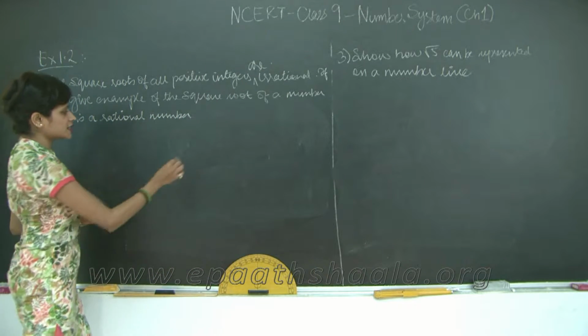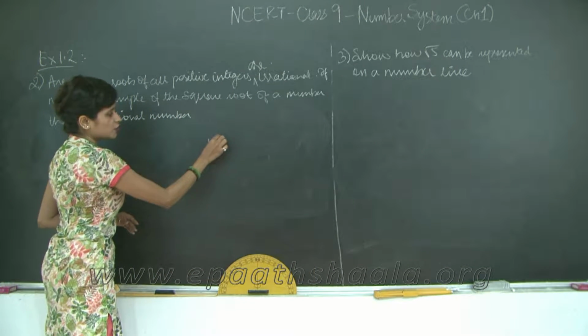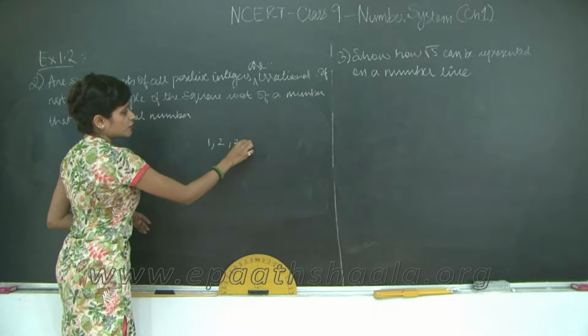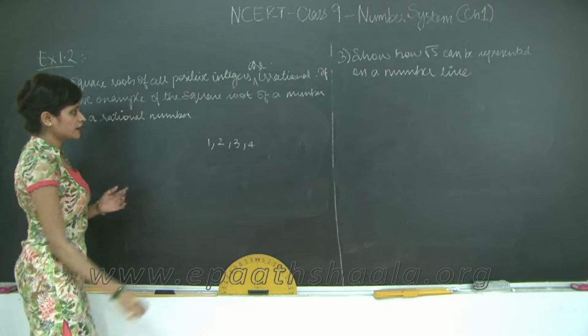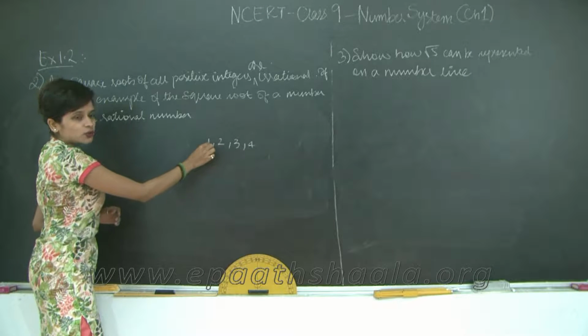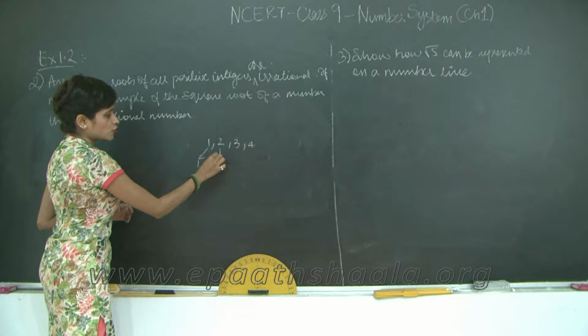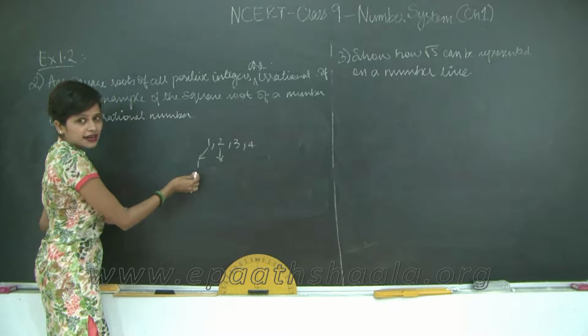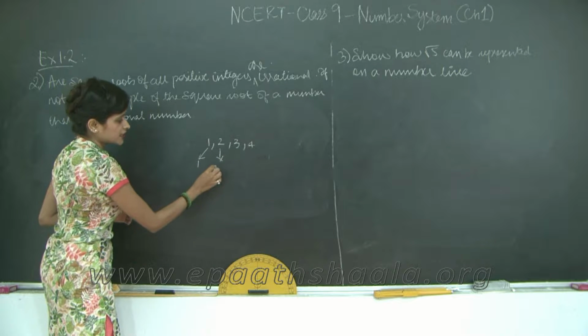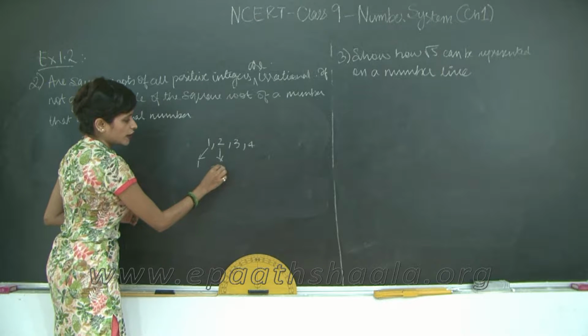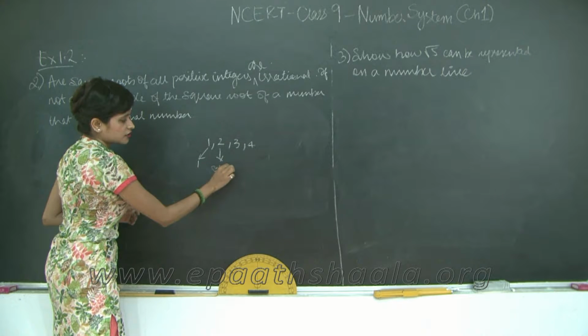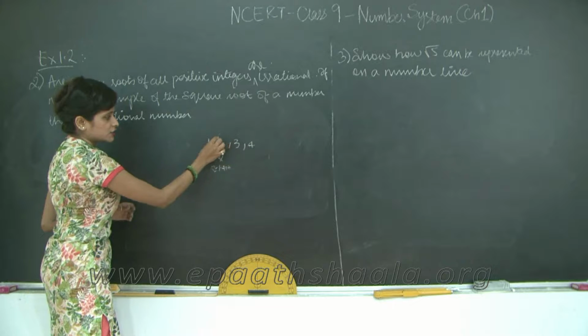Now positive integers, let's take 1, 2, 3, 4 and so on. The square root of 1 is 1, which is not irrational. The square root of 2 is approximately equal to 1.414 and so on, which is irrational.